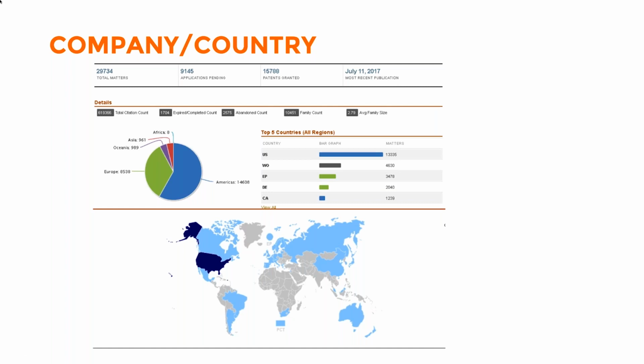And so you could use that to compare a portfolio strategy of company A with company B. Let's say it's your company and you're comparing to a competitor: how do they look? How are they filing in this region of the world? How many do they have issued? How many do they have pending? But you could also use this data to take a look at two or more, say, third-party companies. Maybe there are two potential M&A targets, right?